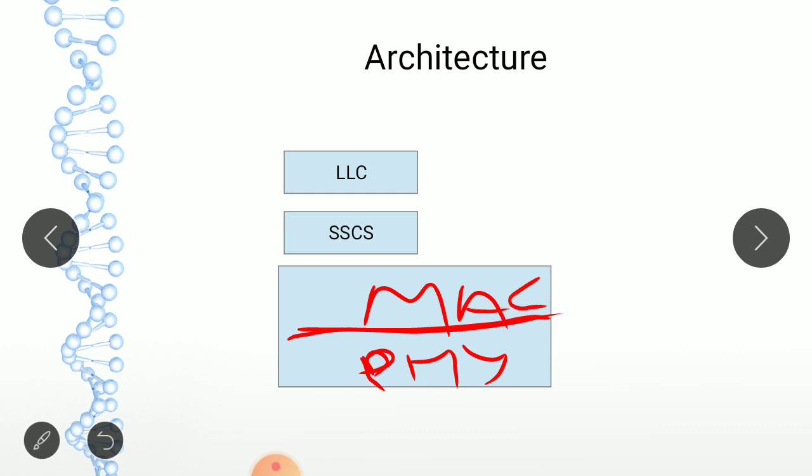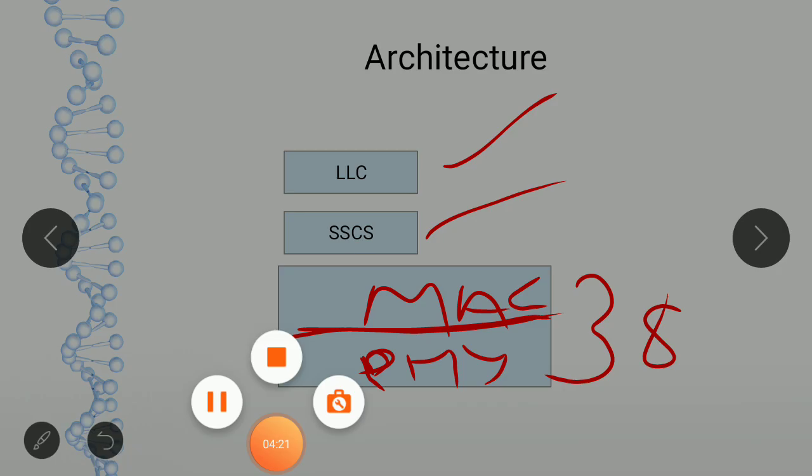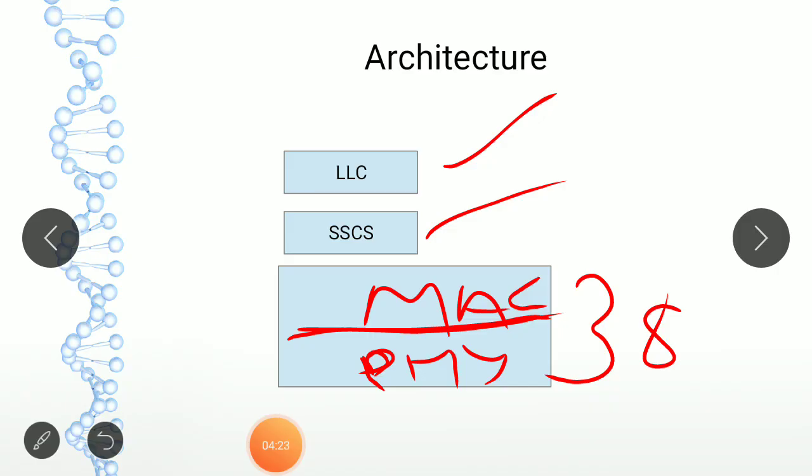The other two layers are SSCS, the service specific convergence sublayer, and LLC, logical link control.